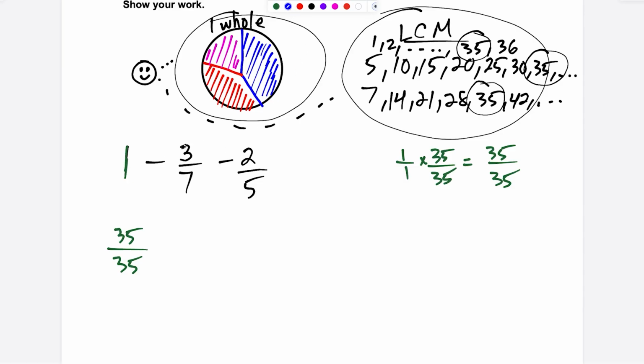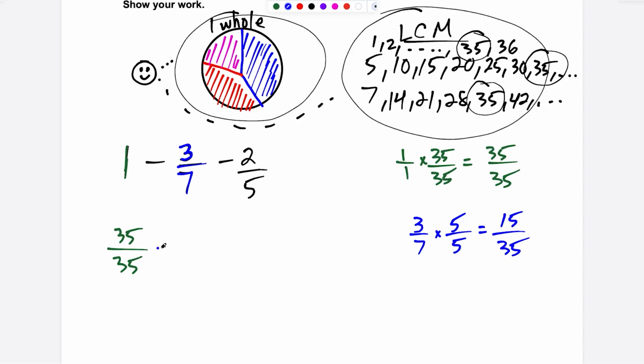But now for the next fraction, let's say we're looking at 3/7 next. What I'm going to do is turn this into a fraction with denominator 35. So we multiply the bottom, the denominator, by 5. Then we have to multiply the top, the numerator, by 5 as well. 3 times 5 is 15. 7 times 5 is 35.